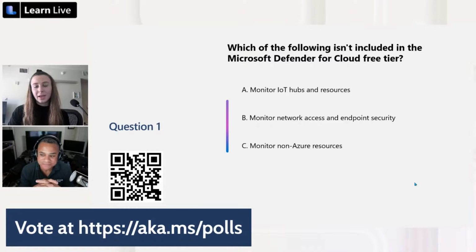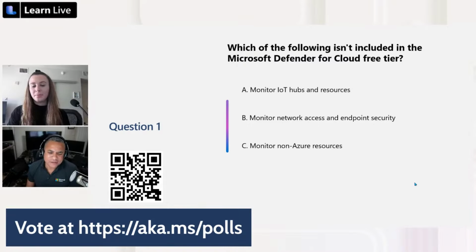Well, you can get certain aspects of it, because you are able to understand if you do have any sort of open management ports. We are going to give you a free recommendation saying that you have an exposed management port or you have a public IP address assigned to that machine or storage account or anything along those lines.